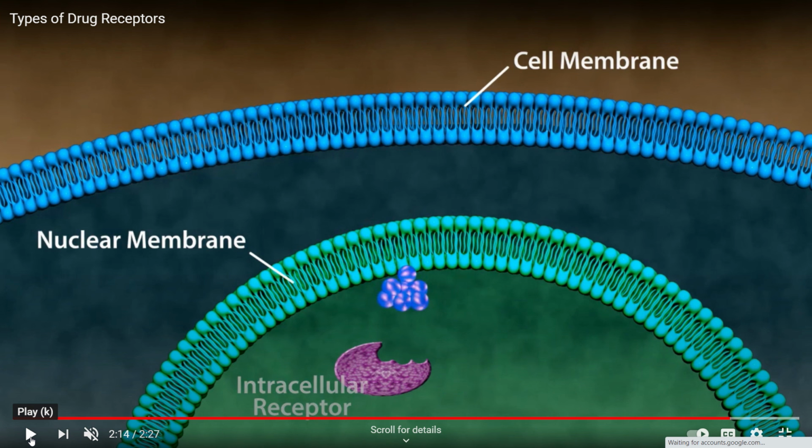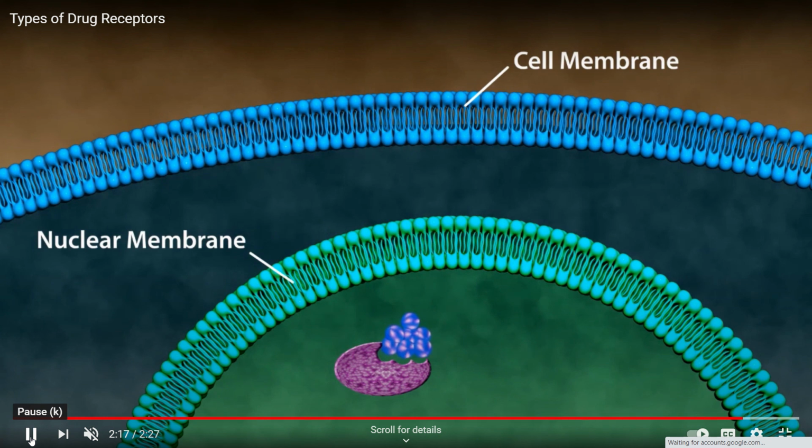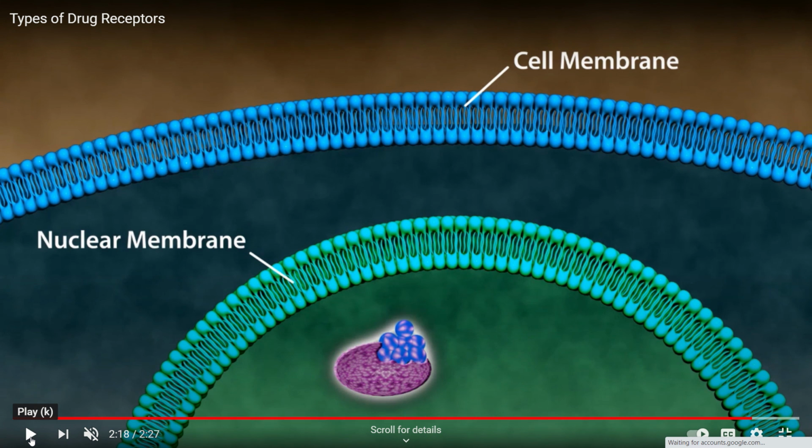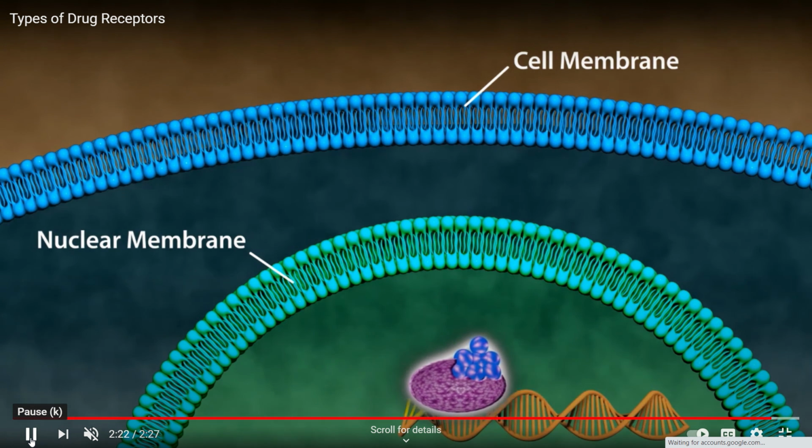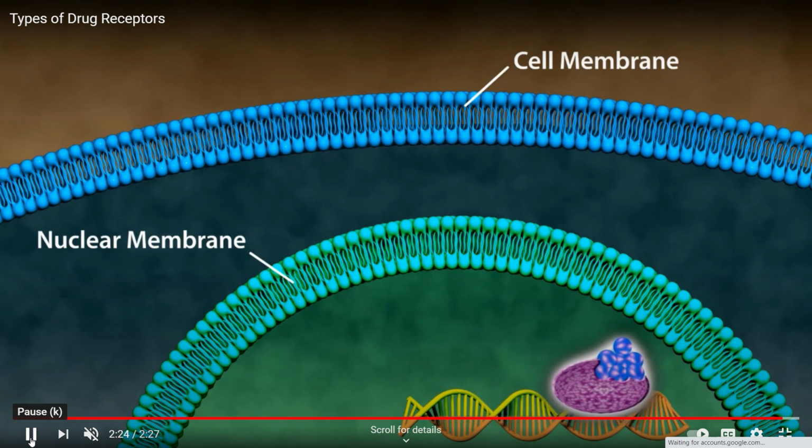After entering the nucleus, the ligand will bind to the intracellular receptor there. If that ligand binds to the intracellular receptor, this can alter the transcription of DNA within the cell.